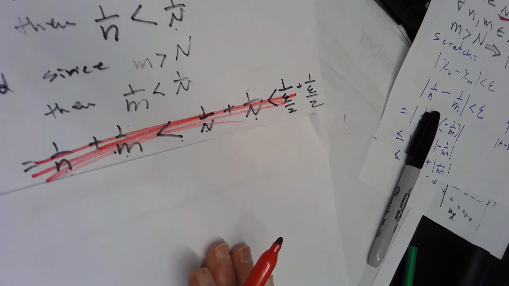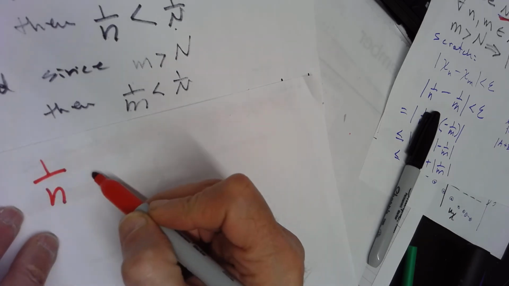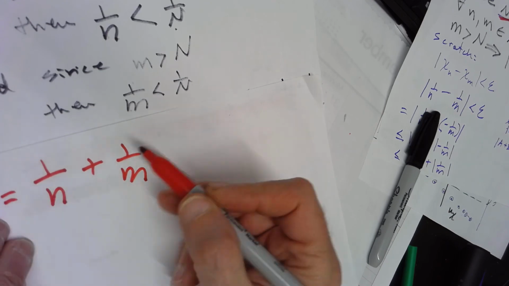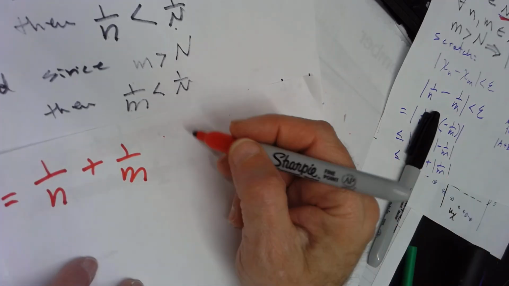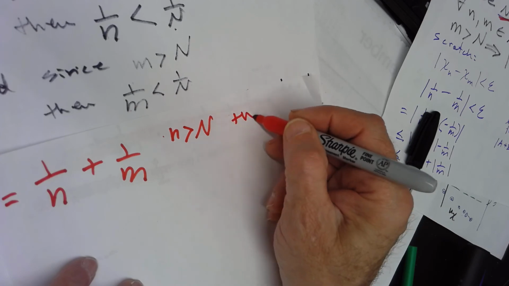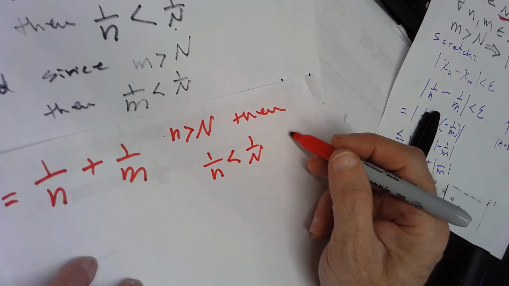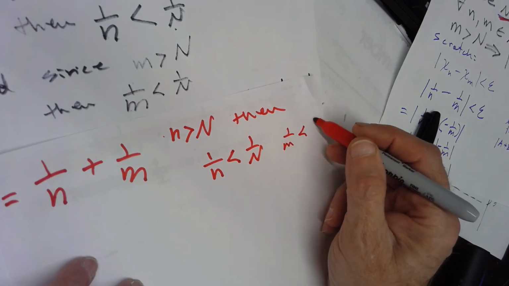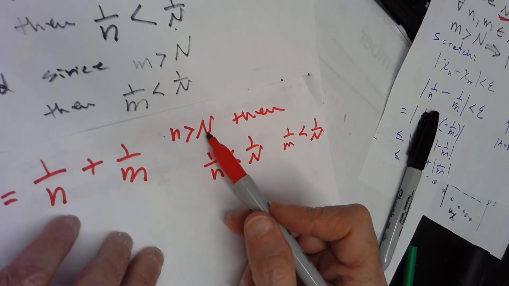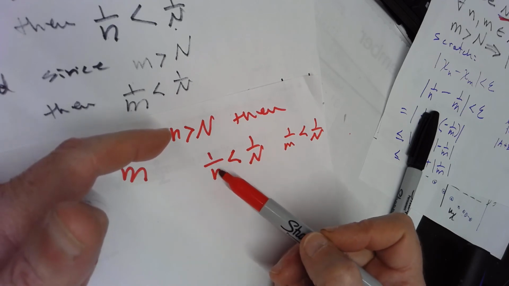Okay, so since 1 over N plus 1 over M, since N is greater than M, then 1 over N is going to be less than 1 over N. And 1 over M is going to be less than 1 over N. Because let's say lowercase n were 3 and uppercase N were 2, then when you apply the reciprocal, so now this would be 1 over 3 and 1 over 2.